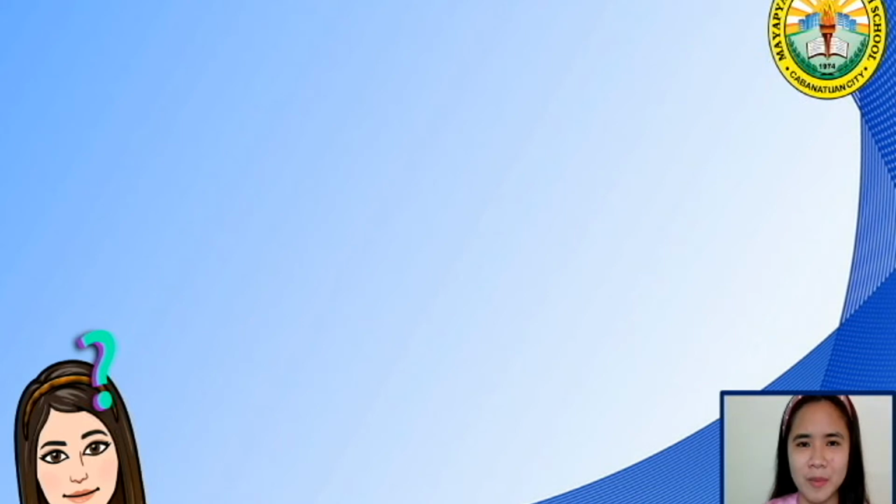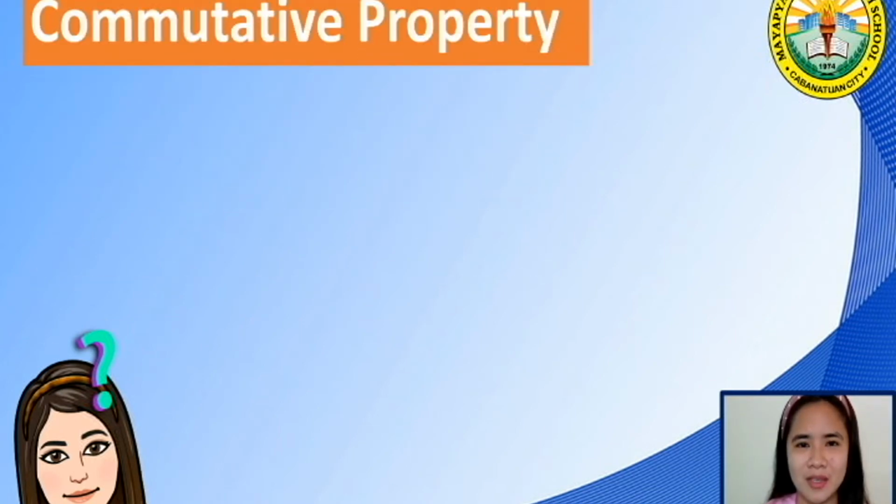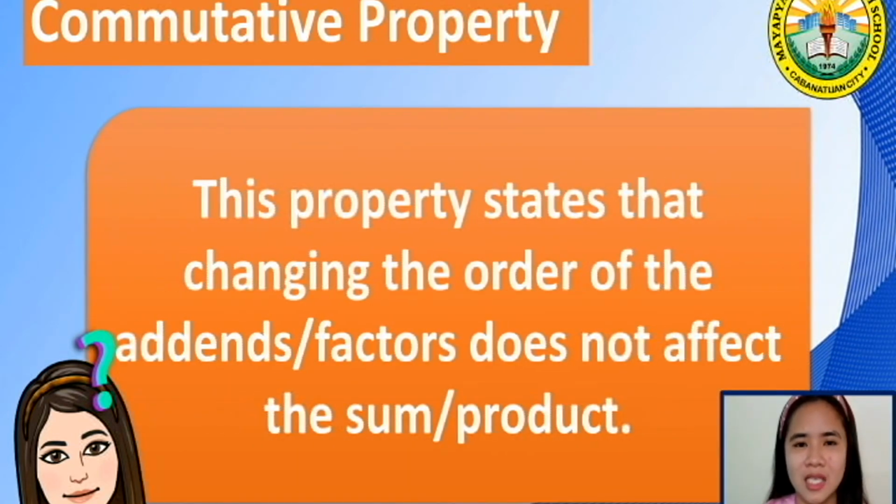The first property is the commutative property. The commutative property states that changing the order of the addends or factors does not affect the sum or product. When we say commutative, we should think of it as commute or move around. This property only applies to addition and multiplication.